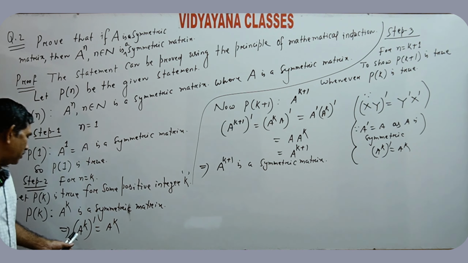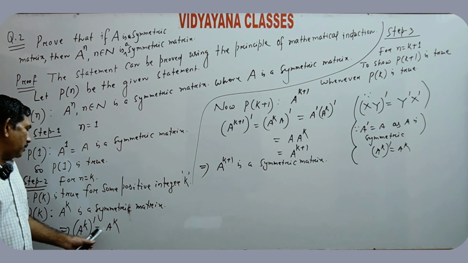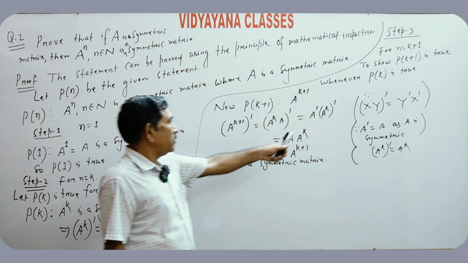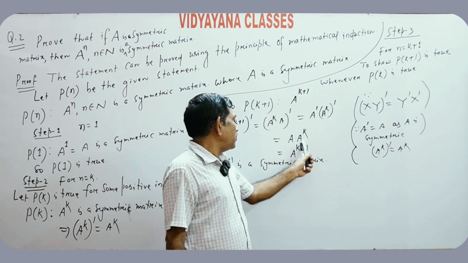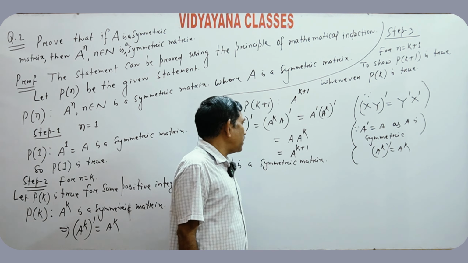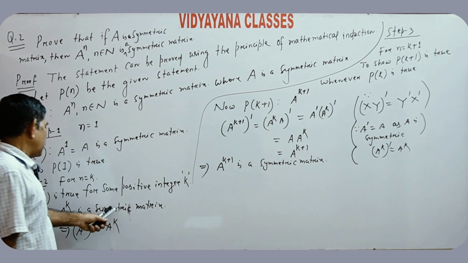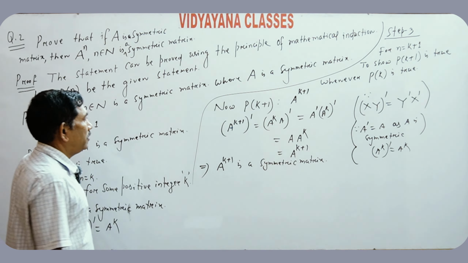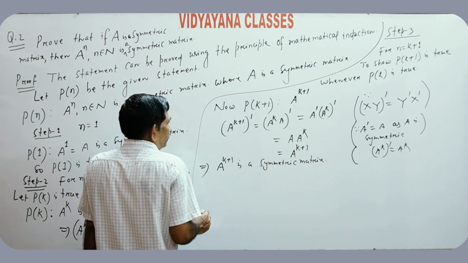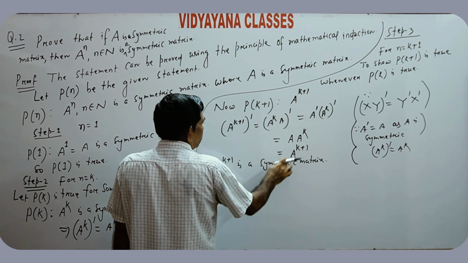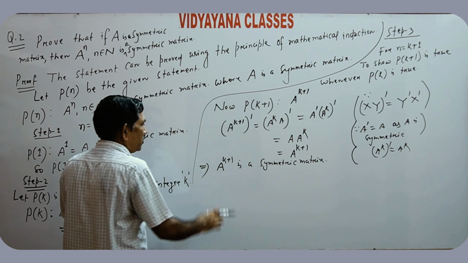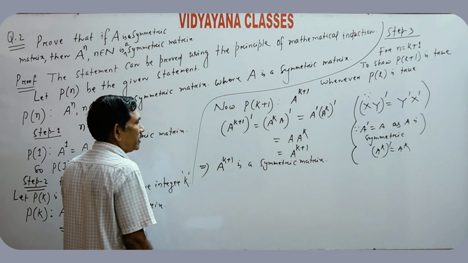By the given hypothesis, transpose of A to the k is equal to A to the k. So A to the k whole dash is equal to A to the k since A to the k is a symmetric matrix. Transpose of A to the k plus 1 is equal to A to the k plus 1. So A to the k plus 1 is a symmetric matrix.